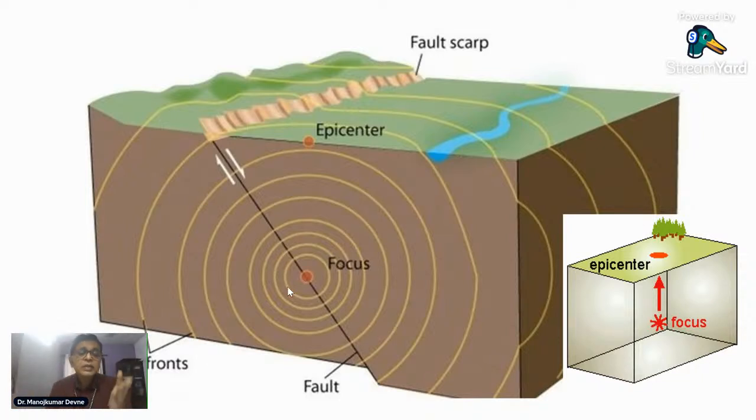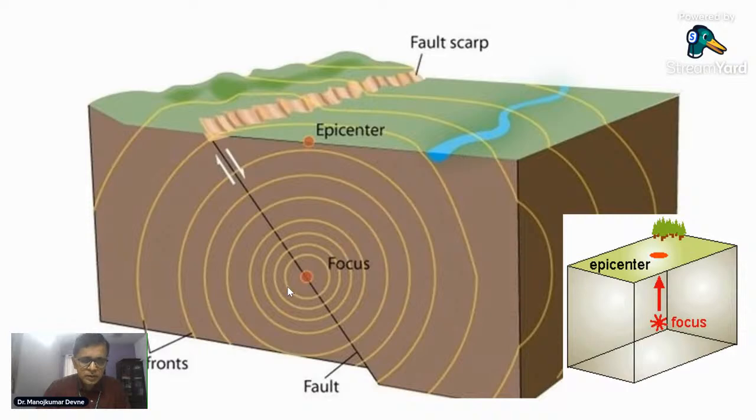What you're seeing, the black line, is the fault line, but the whole surface is going to be the fault plane, and that point is going to be the focus, and the point exactly above it is going to be the epicenter. I hope you don't confuse yourselves between an epicenter and a focus.